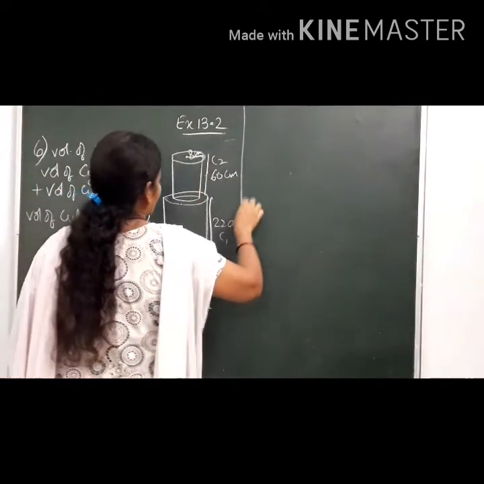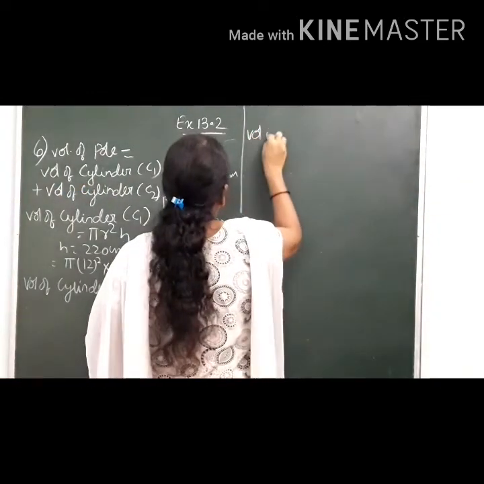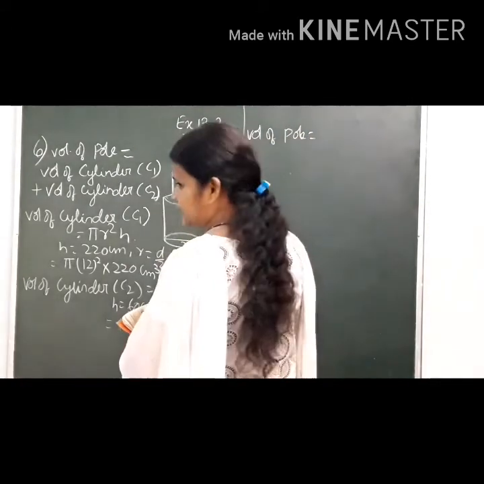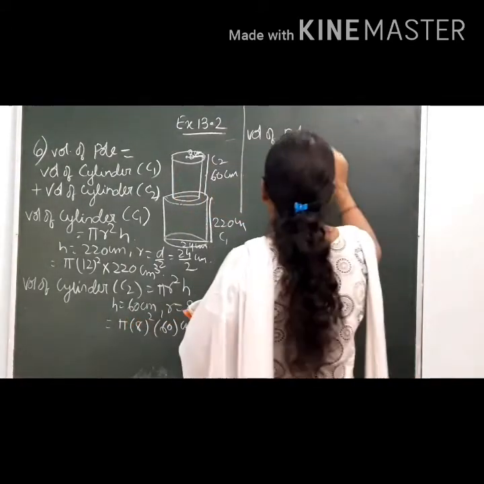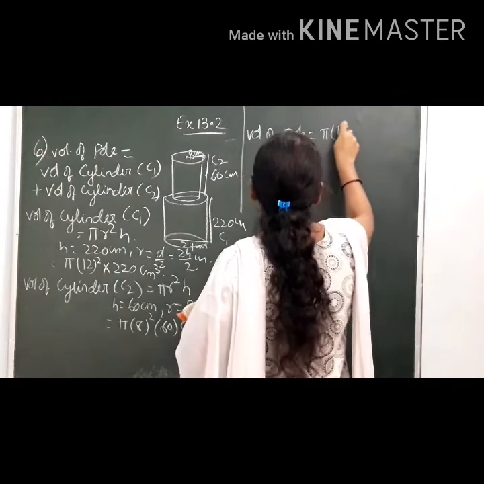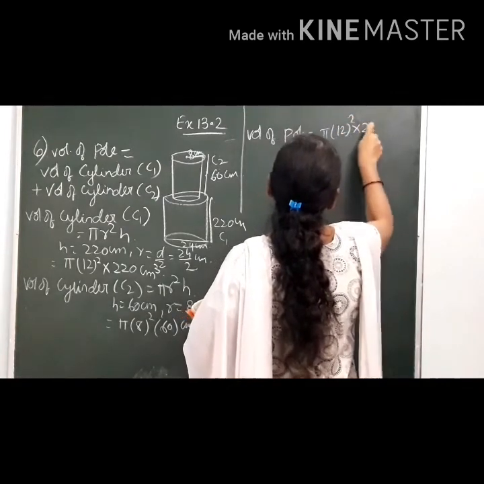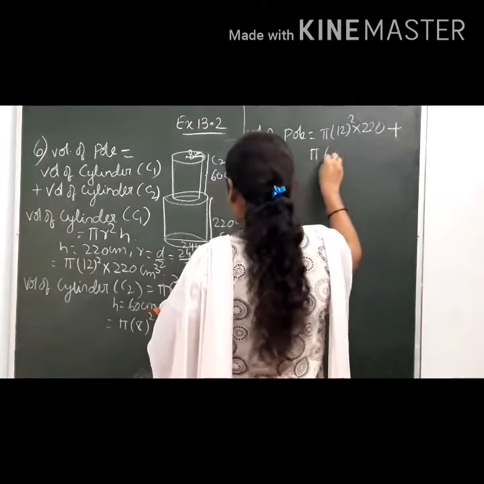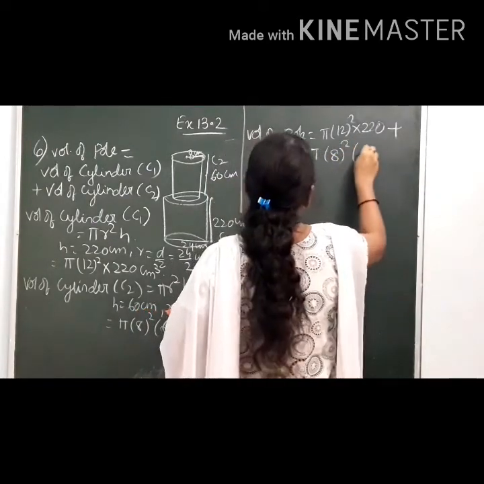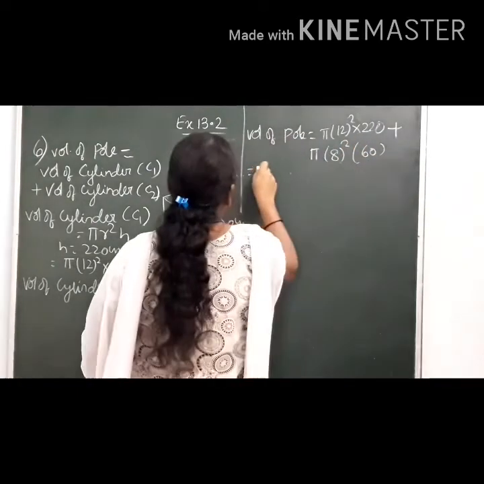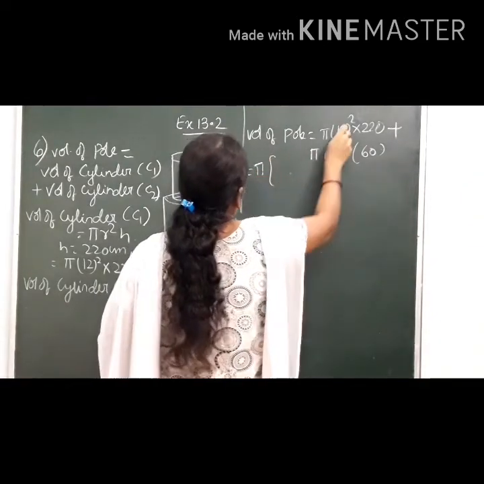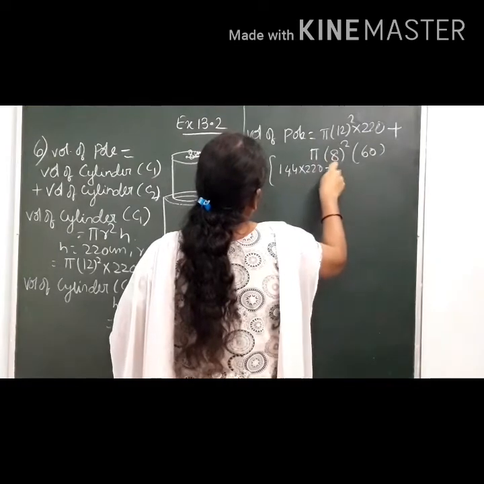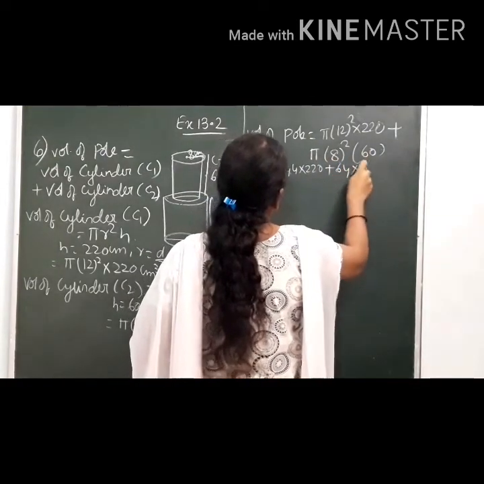You already know that the volume of the pole is equal to the volume of both the cylinders. So the first one we got pi into 12 square into 220 plus pi into 8 whole square into 60. So what is common here? We will take the pi value common. 12 square, what will we get? 144 into 220 plus 64 into 60.